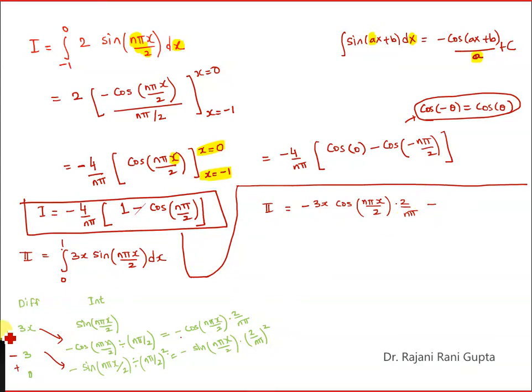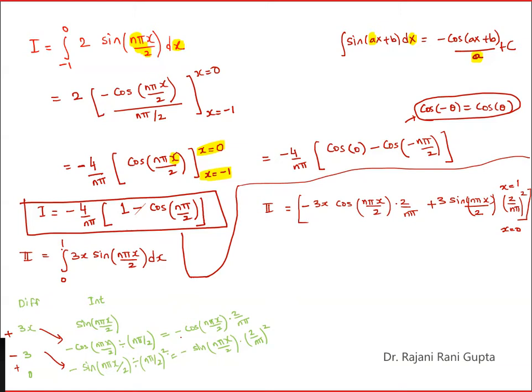Sorry, minus minus becomes plus. 3 times sine n pi x over 2, and 2 over n pi square. Okay, this is the integral. Now the limits are from x equal to 0 to x equal to 1.